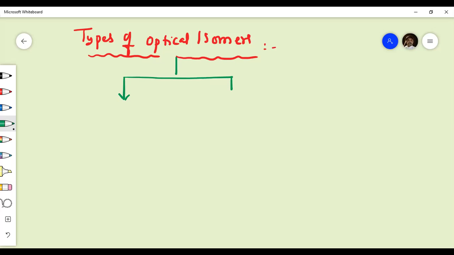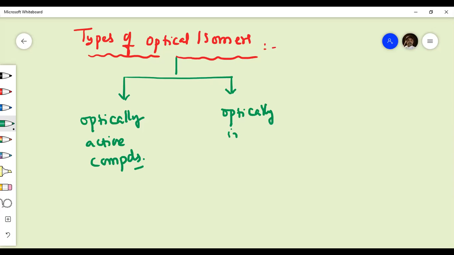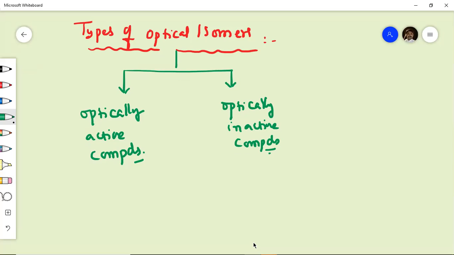One type we will call optically active compounds, and the other type we will call optically inactive compounds. We will give priority to optically active compounds only, so we will discuss optically active compounds first.